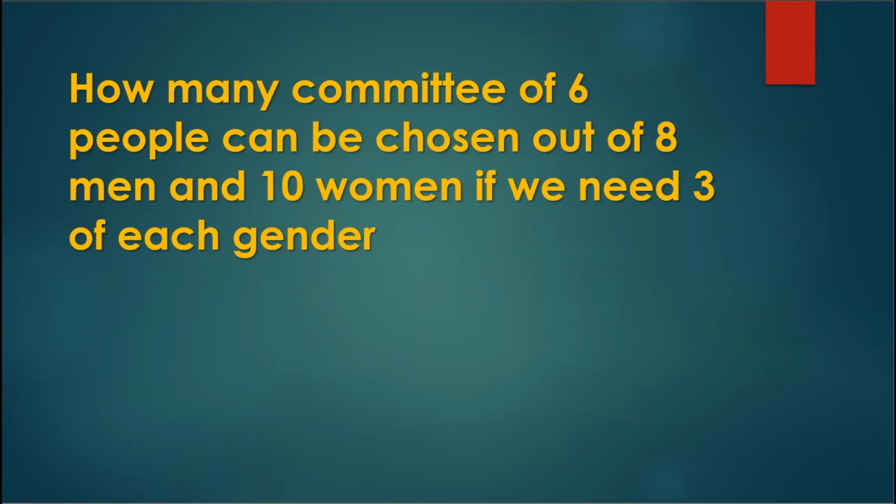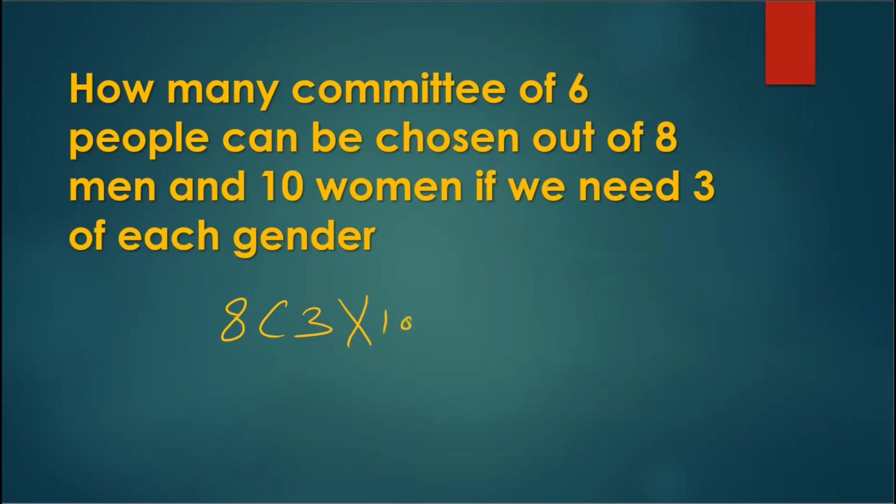The committee has nothing to do with order in this text, so it will be chosen according to C. So I'm going to choose 3 of the men and 3 of the women, that's it. How many women? I have 10, sorry, the number of women is 10C3, multiplied by the number of men, 8C3, okay?